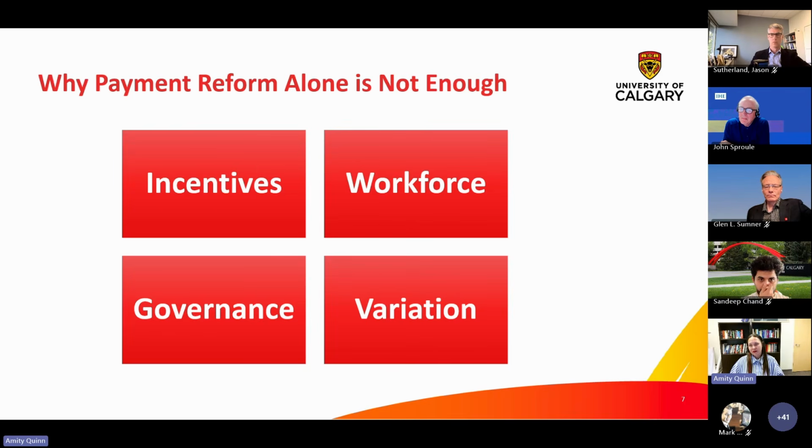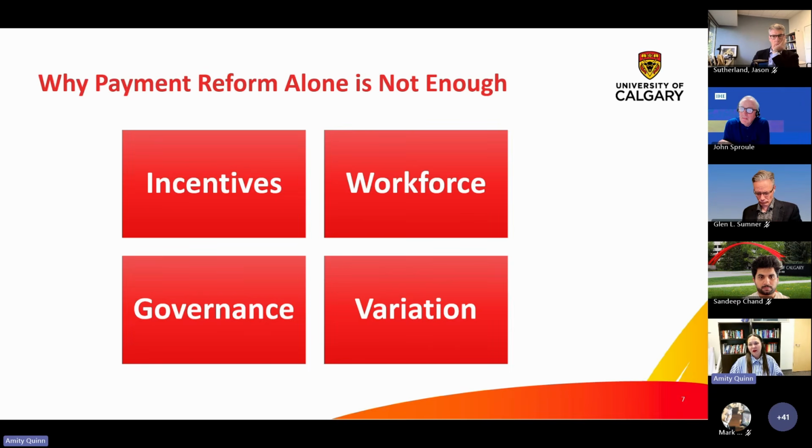The third is governance. Who is accountable for quality, access, coordination, and system performance? Is anybody accountable for that? And what tools exist, or could we create, to support this? The fourth is variation. Why do patients with similar needs sometimes receive different care? Like, why are sicker patients seeing the salaried physicians in the first place?